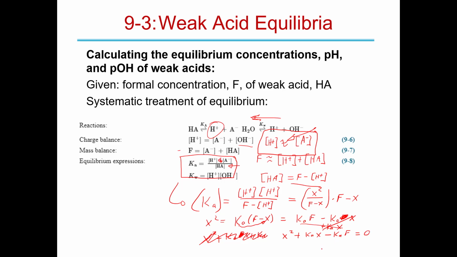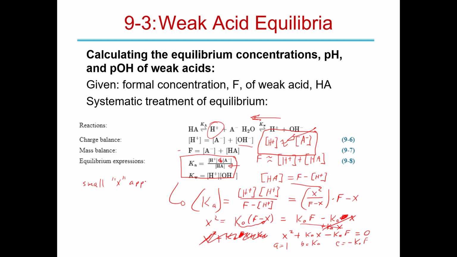Lo and behold, we've got another quadratic equation to solve. A is going to be equal to 1, B is going to be equal to Ka, and C is going to be equal to the negative of Ka times our formal concentration. So we can always plug these values into the quadratic formula and solve for X. Oftentimes we will make what's called the small x approximation.